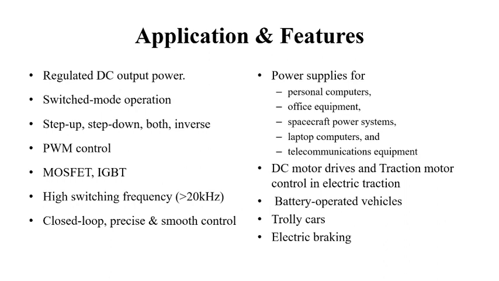Mainly used in power supplies in different applications. It is also used in DC motor drives and traction motor control in our electric traction systems. It is also used in battery operated vehicles such as EVs, trolley cars, and it can also be applied where electric braking is required.